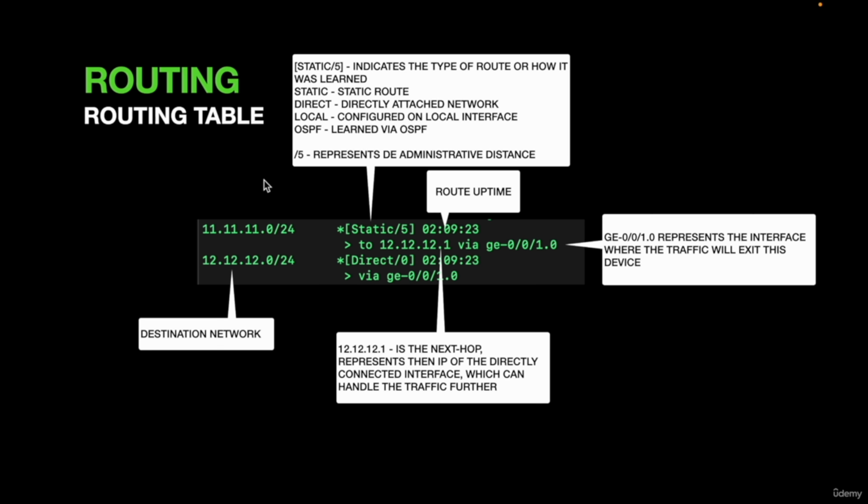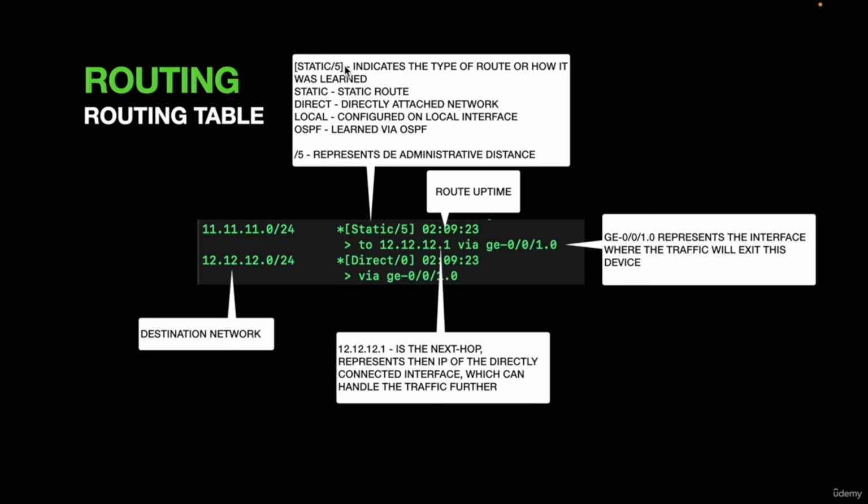So let's check a route in more detail. The first entry in the routing table is the destination network. Then we have the type of the route, which indicates which protocol was used to learn this route.